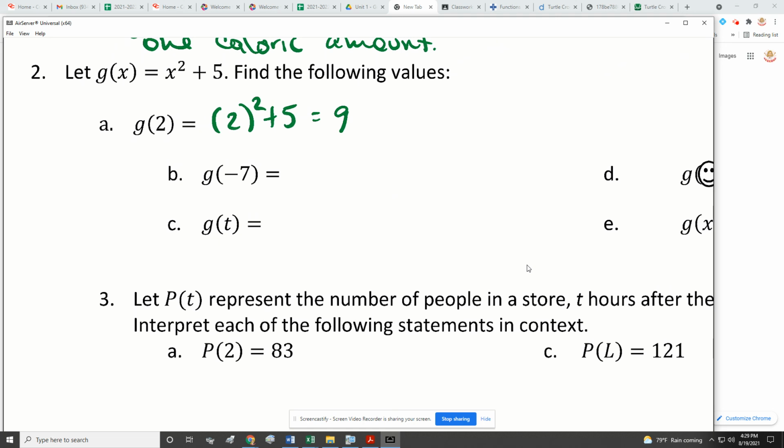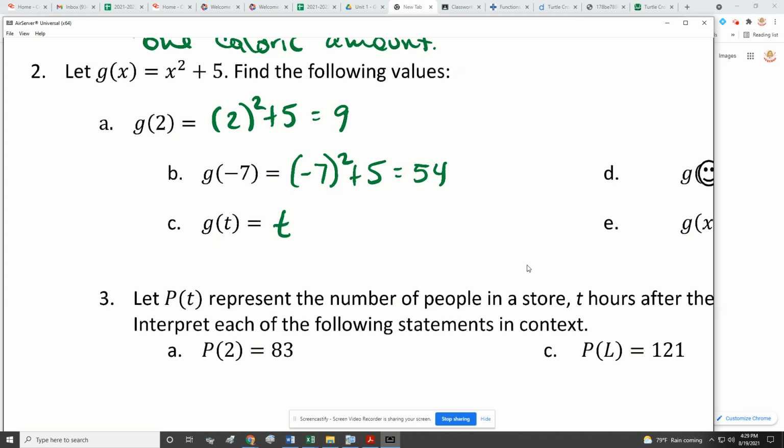Now, be careful with the negatives. We do want to square the negatives, so that's 49 plus 5, which is 54. Now, see, it's kind of weird. We're just going to take that x and turn it into a t. But there's nothing to do but just write it. All right, for D, it's even weirder.